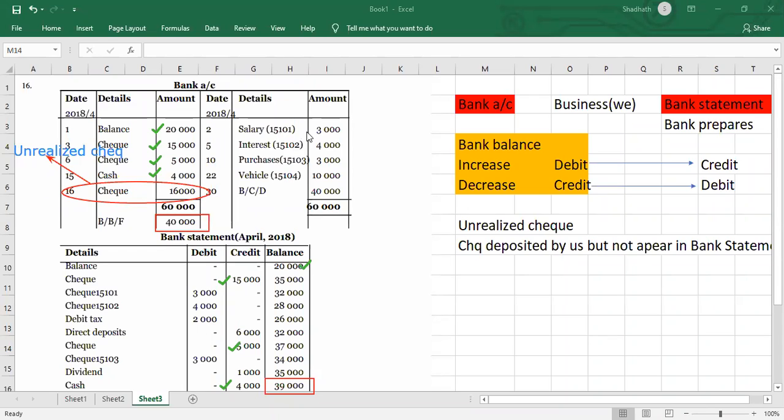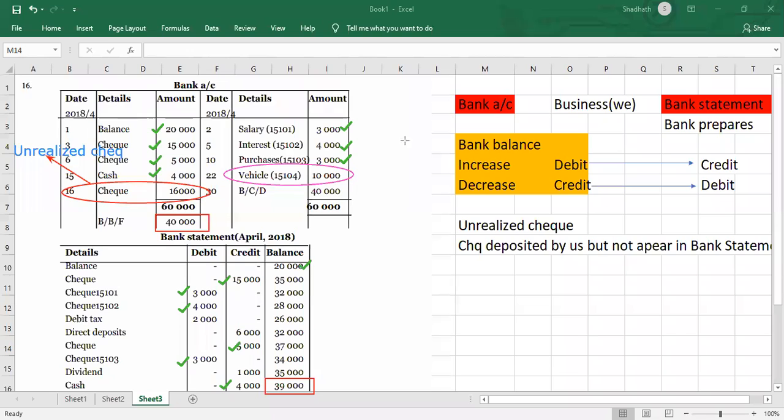Salary: 15,101, yes, you have 15,101, 3,000. 15,102, 4,000, yes, it is also there. 15,103, yes, it is there, 3,000. But what about 15,104? It is not there in the bank statement.